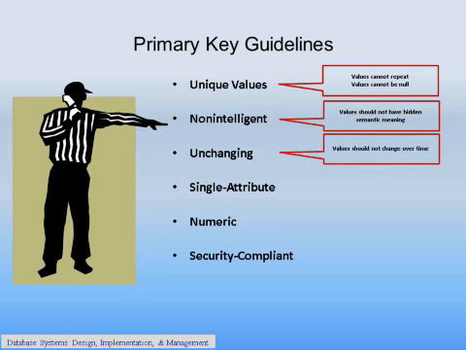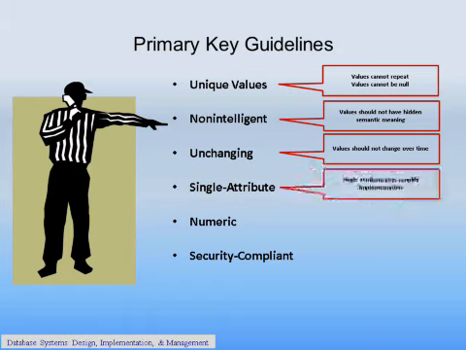Unchanging. The primary key should not be susceptible to change over time. As we saw in the previous example, using a primary key that is subject to change over time is not ideal. If a primary key is subject to change, the foreign key values must be updated, thus adding to the database workload. A single attribute.